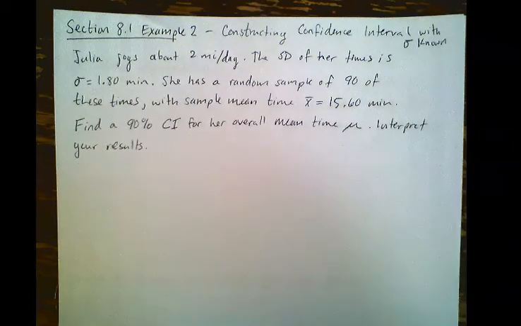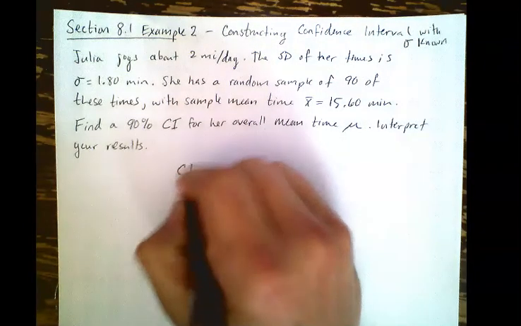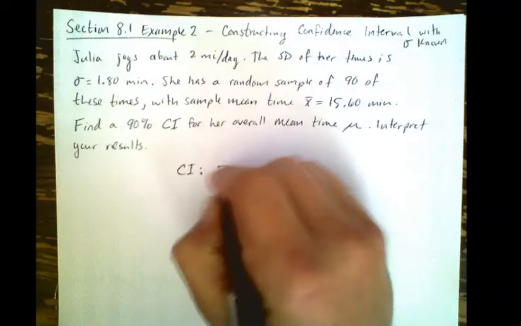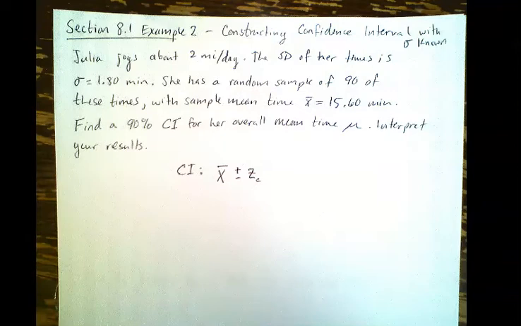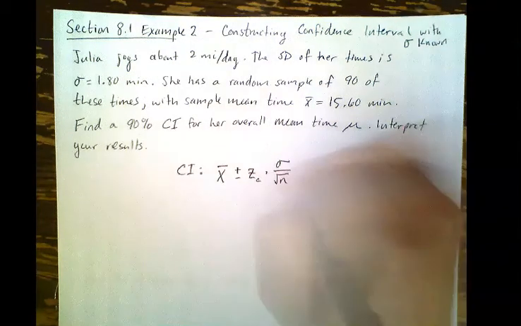So recall the confidence interval formula. Our confidence interval can be obtained by using the formula x bar plus or minus our z critical times sigma over the square root of n. Okay?